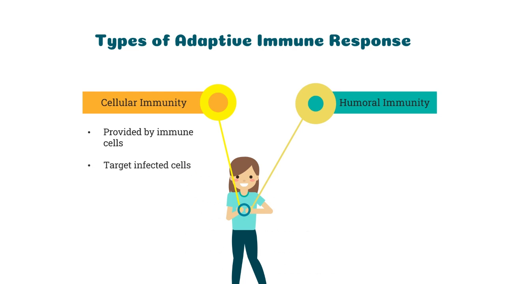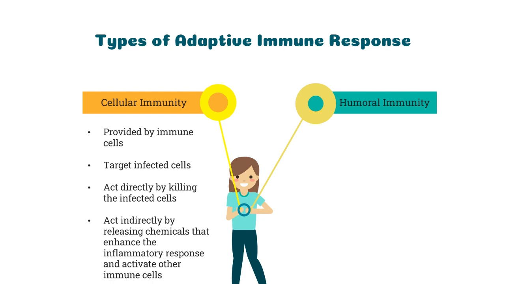And at the same time, this type of immunity mainly targets infected cells such as virus-infected cells, parasite-infected cells, cancer cells, and also cells of a foreign graft. They act in mainly two ways: they either kill these infected cells or they release some chemicals that either enhance the immune response or activate some immune cells.